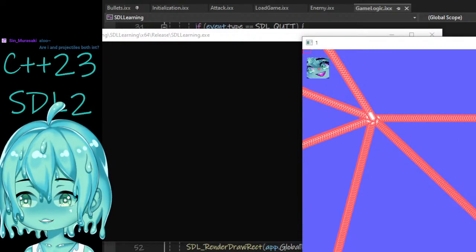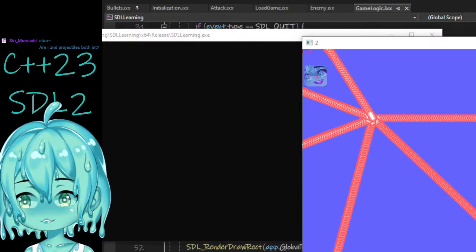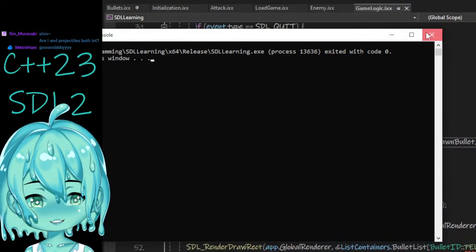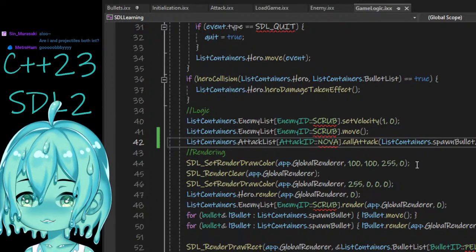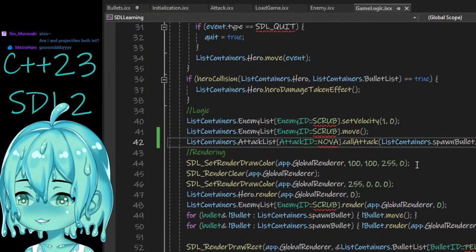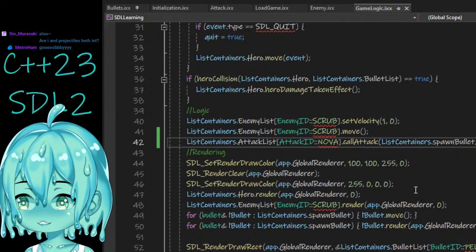Do you guys like how there's a little collision box here, and if I collide, look what happens to my character? Boop, translucent. You can basically call me like Miyamoto, because I'm gonna program the hell out of this. Are I and projectiles both integers?